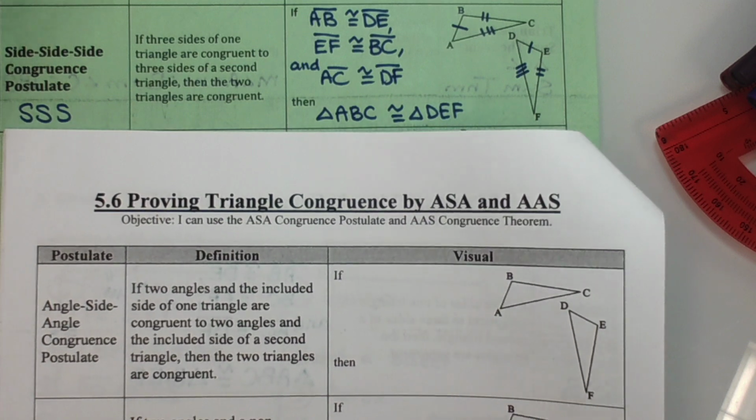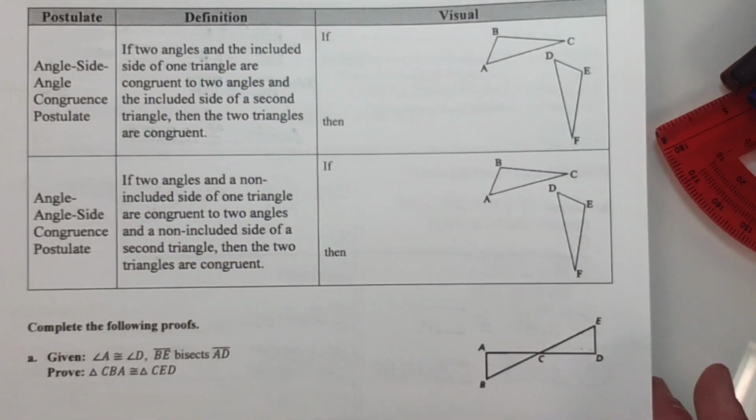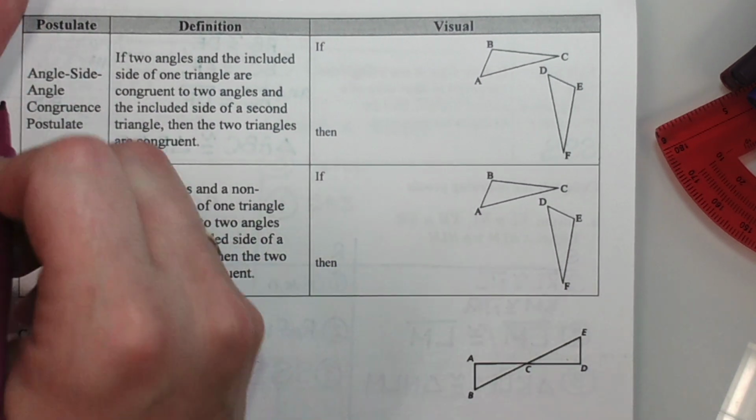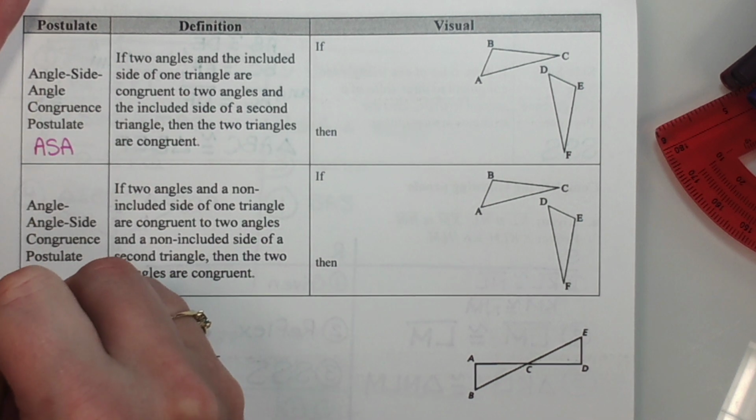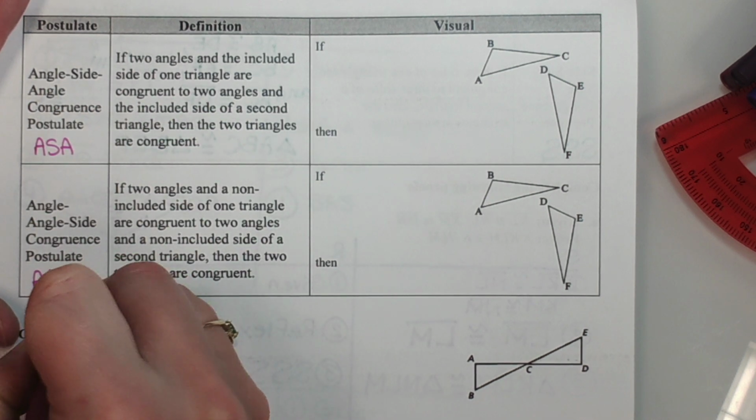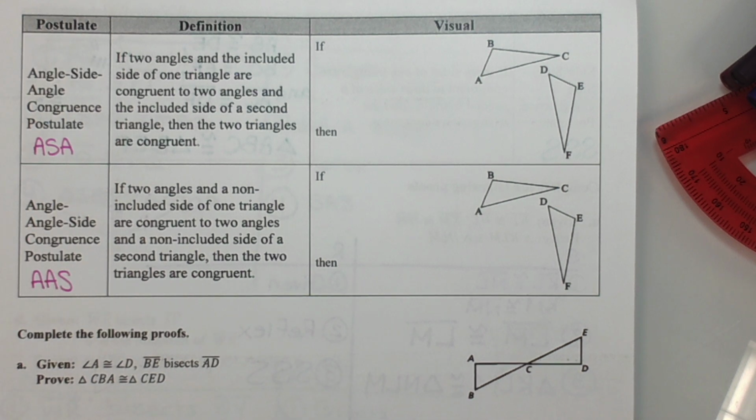Now, people tend to mix up these two postulates a lot because they sound so similar. Angle side angle, ASA, and angle angle side, AAS. In their names, it sounds like the only difference about them is that I rearranged the order. And that's on purpose.